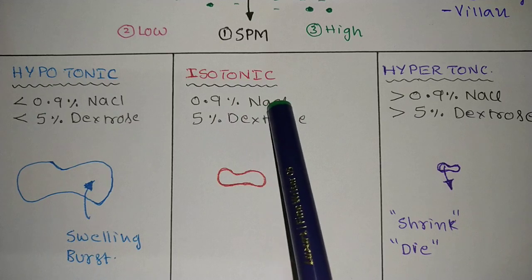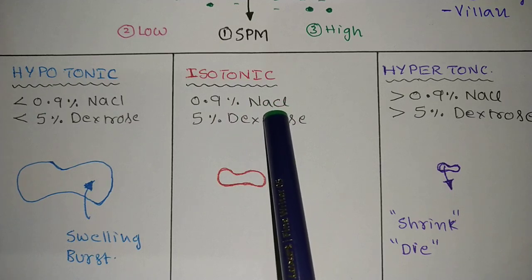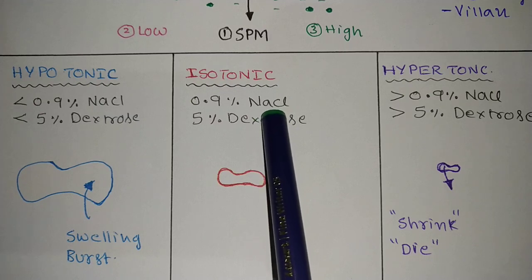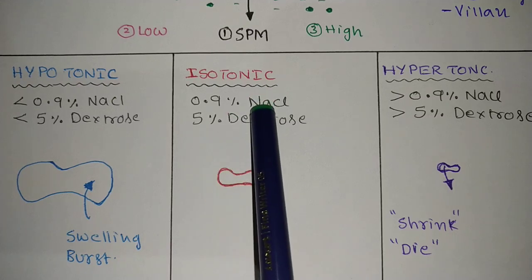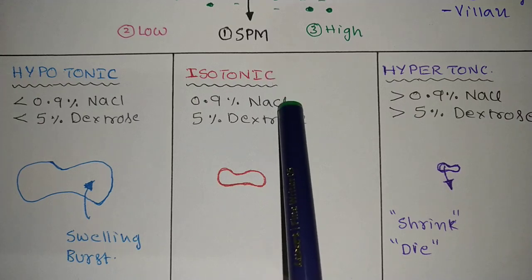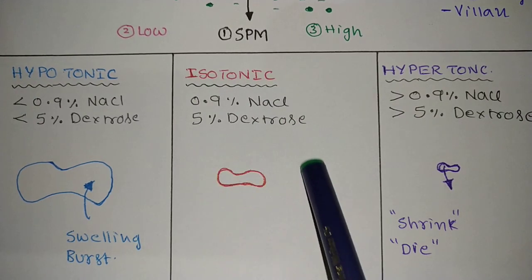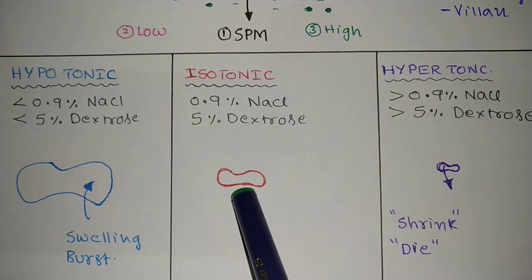So this was a question: why are we using normal saline when we are giving IV fluid to a patient? What is the concentration of normal saline? It is 0.9%. Why only 0.9%? Because it is isotonic with the blood. No osmosis will occur, so the RBC will survive.